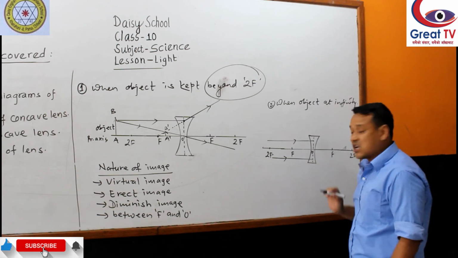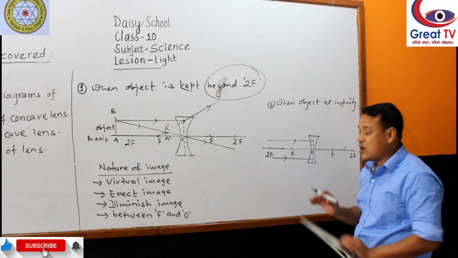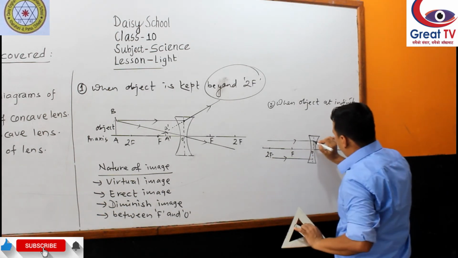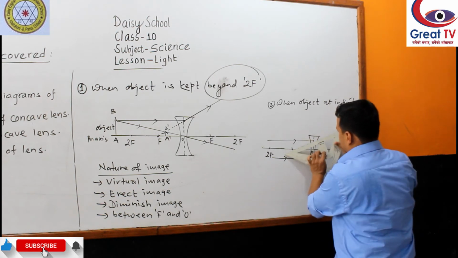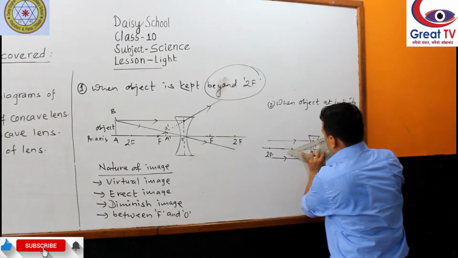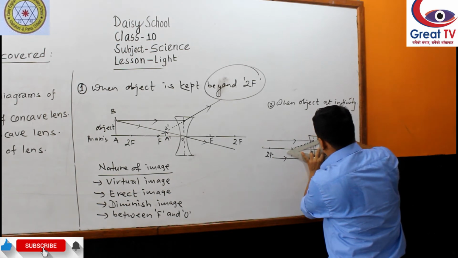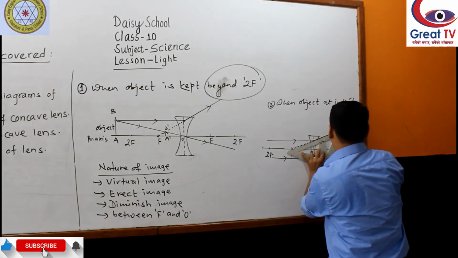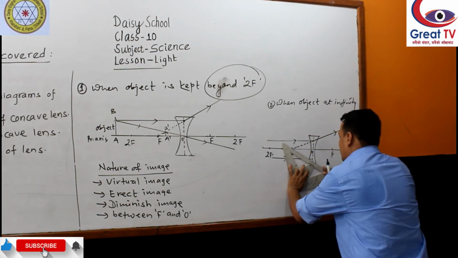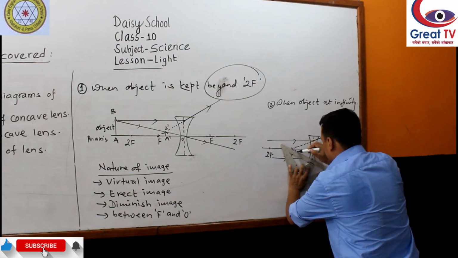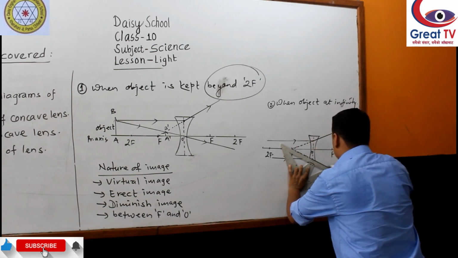When it falls on the concave lens, it appears to diverge from the focus point. So this point and the focus point you have to connect like the previous case. Dotted line up to the lens and then a straight line. Similarly here also, from the bottom also the same.